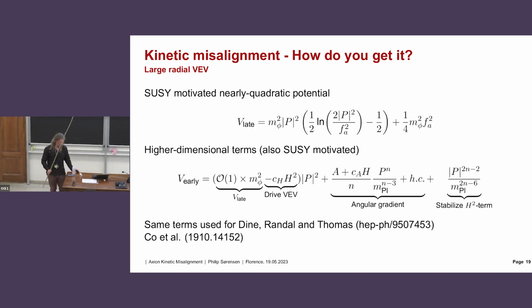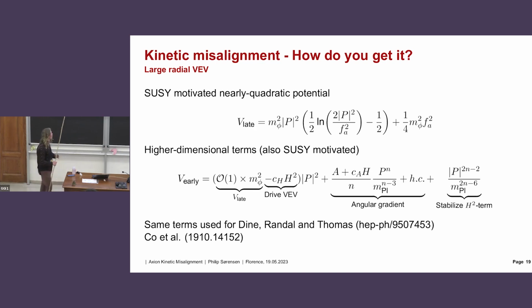So what you have to do is only introduce higher dimensional operators with an n large enough that you don't break the quality. You don't move theta too far, so as to not give theta a value larger than 10 to the minus 10.